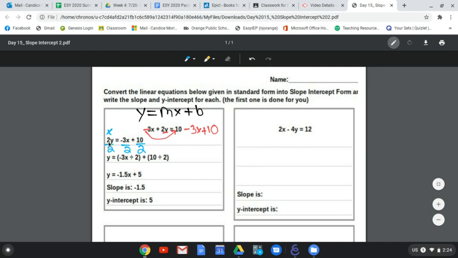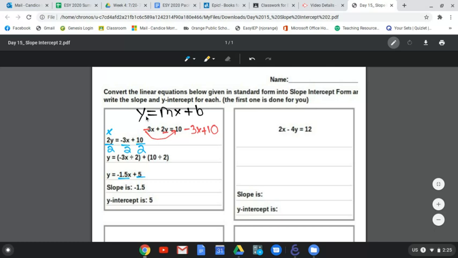So just like I said, this is multiplication. We have to switch it to division. And then you have to also do that on the other side of the equal sign. So you divide negative 3 by 2, which you get negative 1.5. And then when you divide 10 by 2, you get 5.